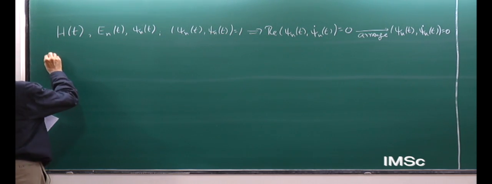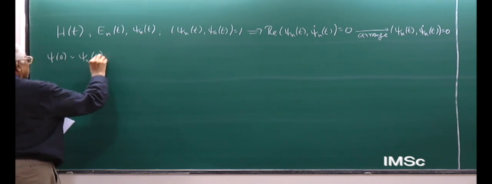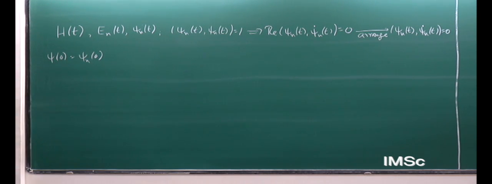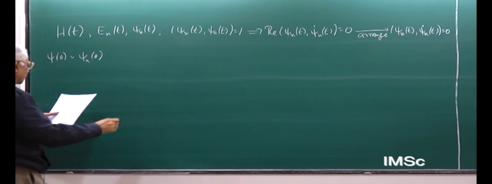So now we say, suppose we try to solve the time-dependent Schrodinger equation, with this initial condition, initial form for the wave function psi of t, where n is one of this set of eigenfunctions.